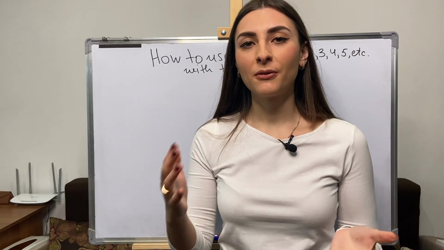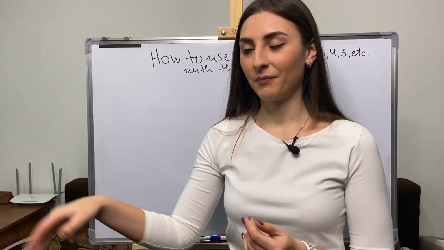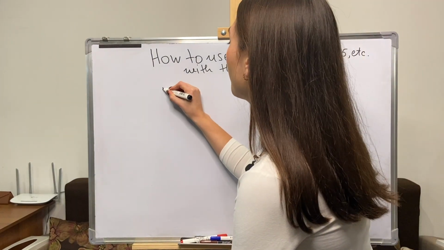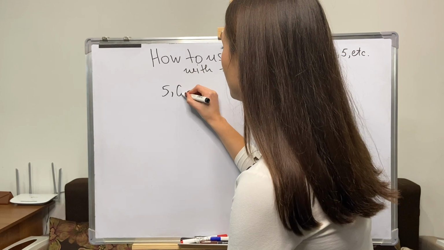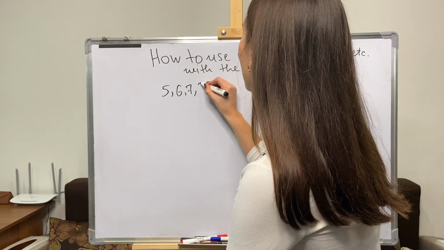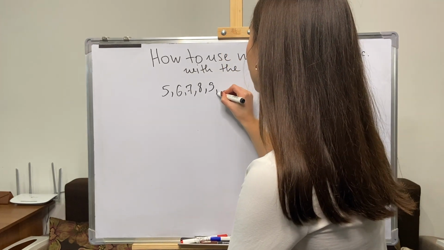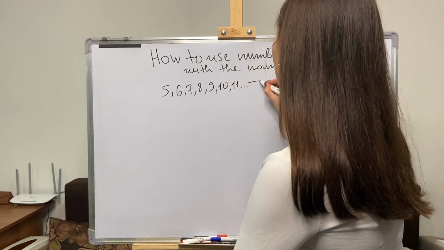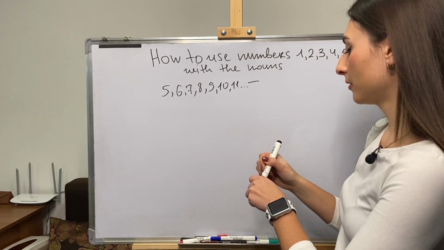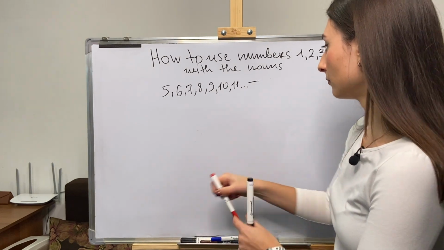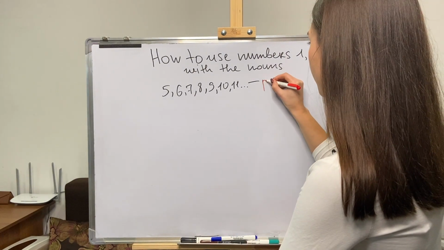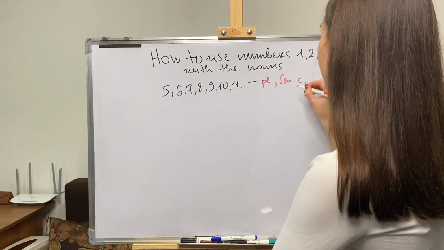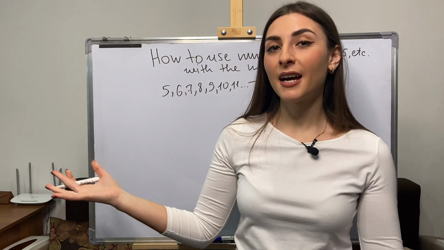With the numbers from 5 and more, for example 5, 6, 7, 8, 9, 10, 11, and so on, we use nouns plural, of course, and genitive case, guys. Ta-da!